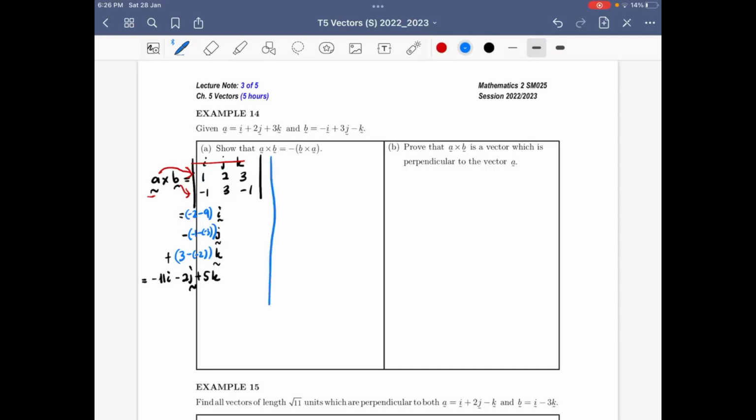Okay, now we make a line here. Alright, now we go to negative B cross A. So we try to find B cross A.